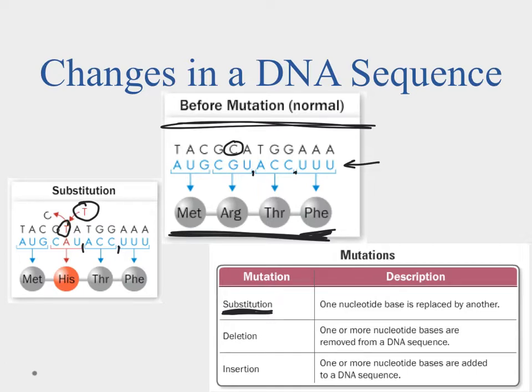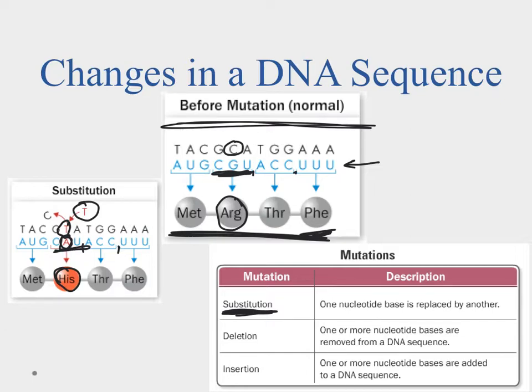Now, because it's different, it's going to bond to something different here, this A, and we notice that in the original protein, we had a CGU, which formed arginine, and here we formed histidine. So we can see that we have this little bit of a difference, and that's going to form a difference in the protein. Sometimes it's noticeable, sometimes it's not, so it's going to vary, but our first one is where we're just substituting one for another.